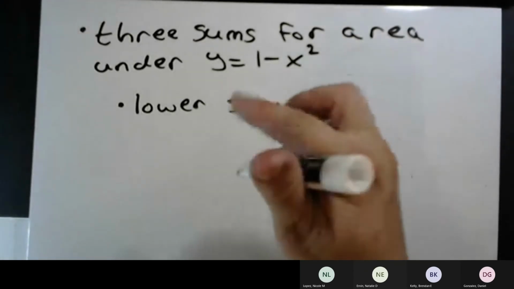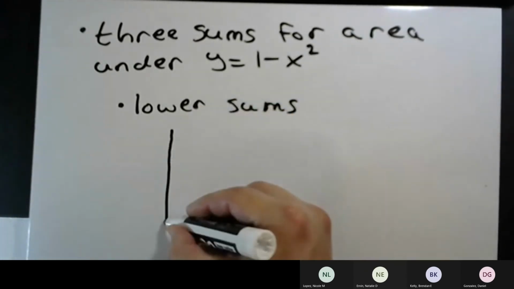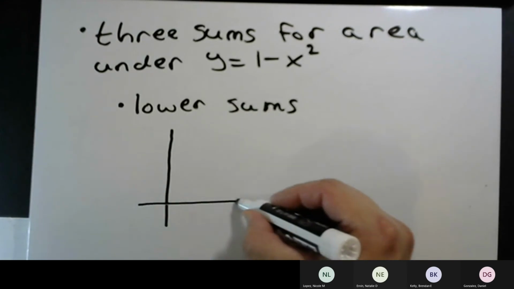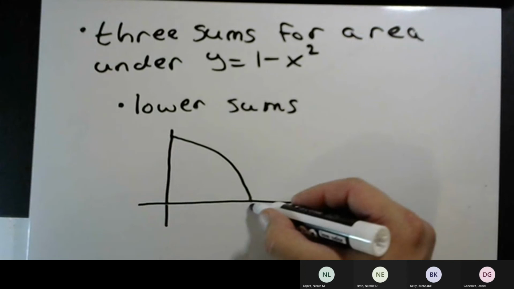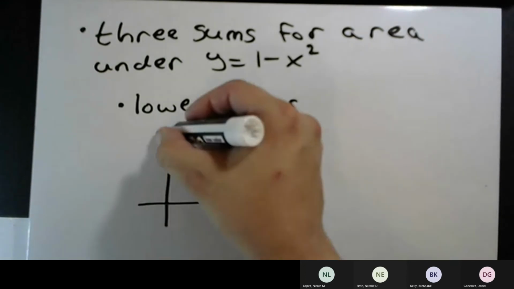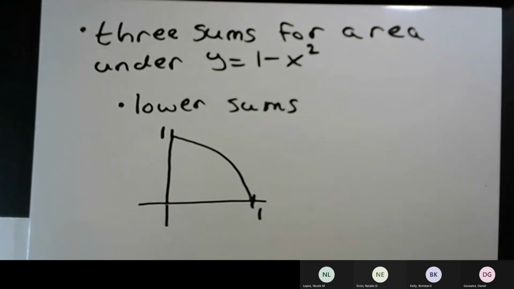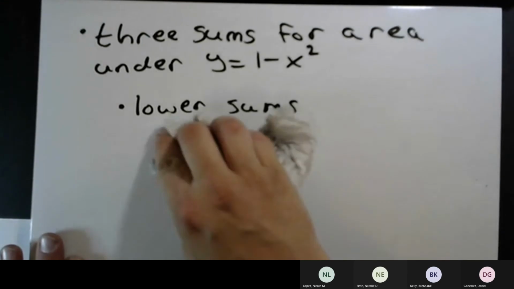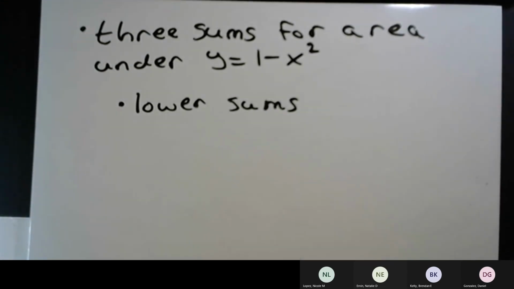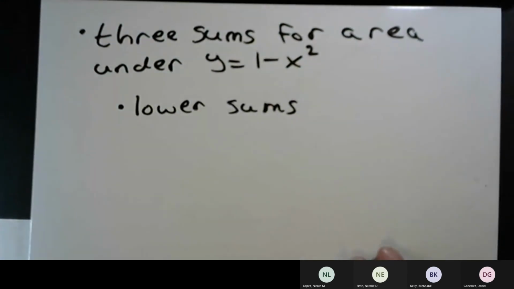So if we graph this, say this is 1, this is 1. I'm going to erase this here so I have room to experiment with the mathematics.